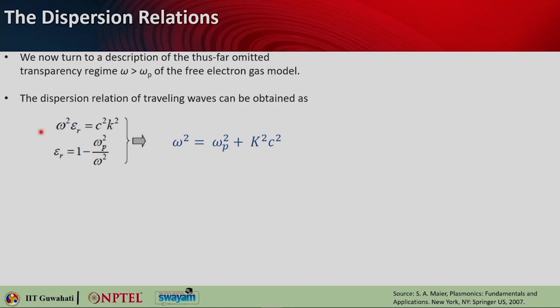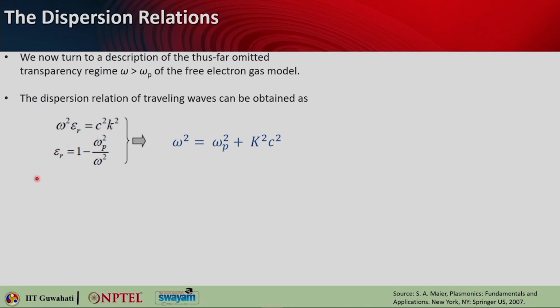Now, omega equals c by n times k is the relation in any medium with refractive index n. Instead of n you can also write it in terms of permittivity, the square root of epsilon. So, if you take the square on both sides you get this equation, omega square epsilon r equals c square k square.